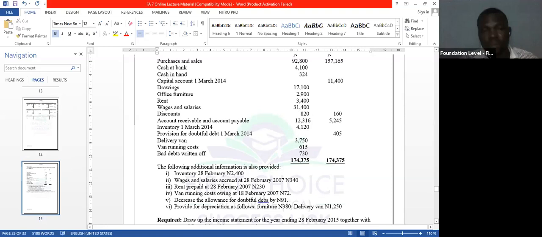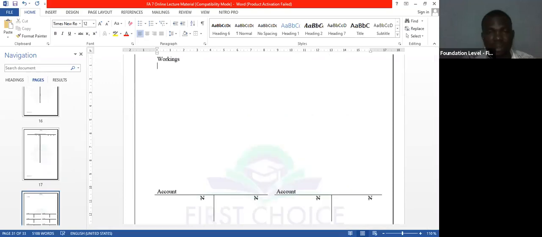So the first one is inventory, 28,204, 2,400. I know one leg goes to the cost of sales, another leg goes to the current liability.